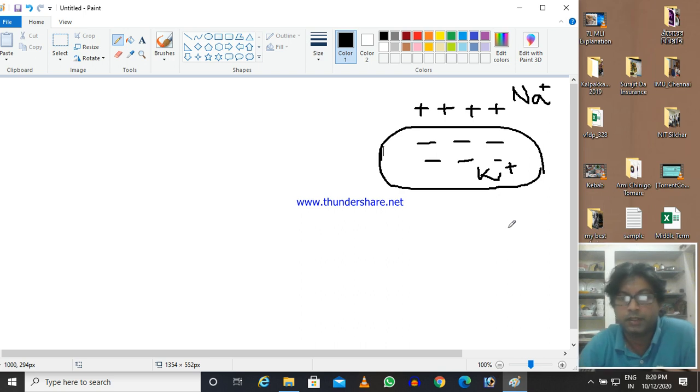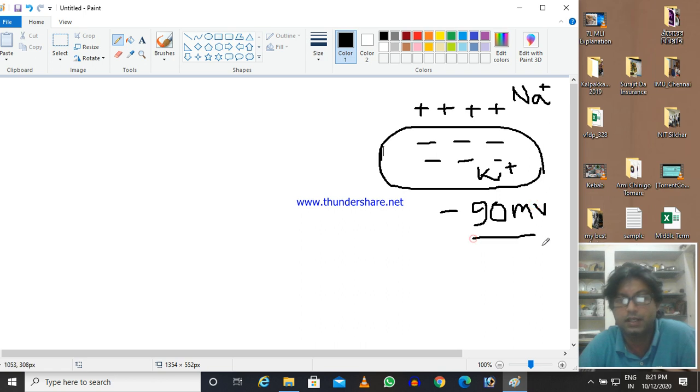Okay, so if you place a multimeter across this cardiac myocyte, you will get a potential of minus 90 millivolt.